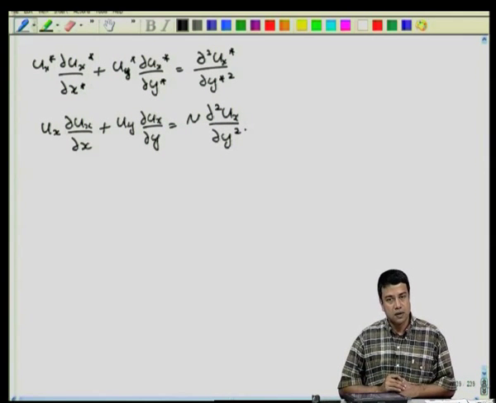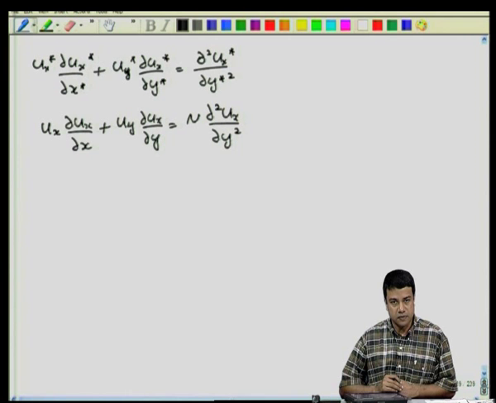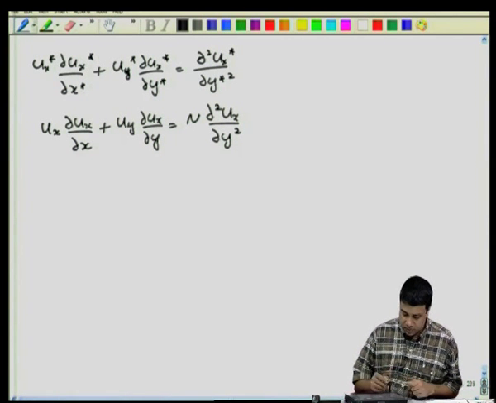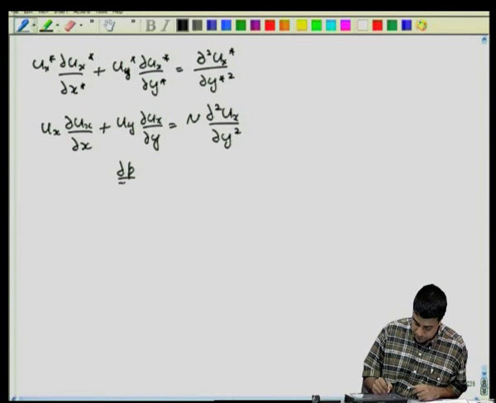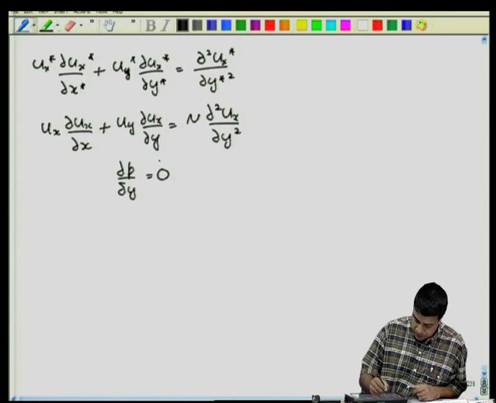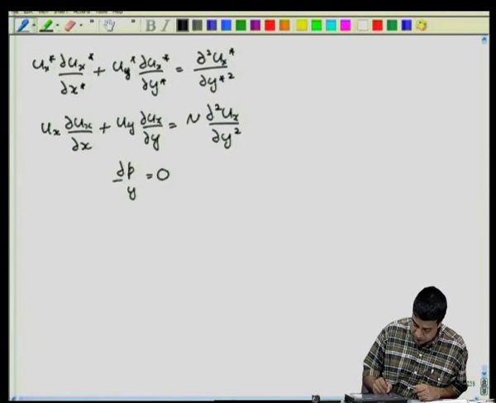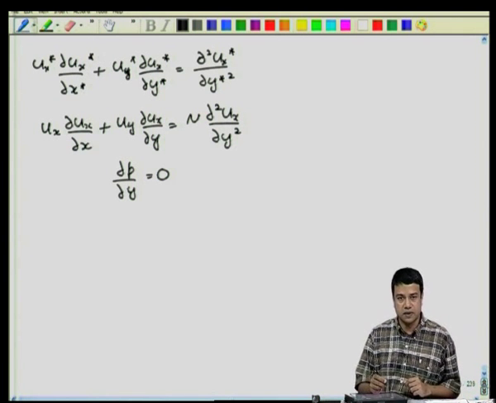The pressure gradient of course is equal to 0. Partial p by partial y is equal to 0, and because partial p by partial y is equal to 0, I was able to neglect the pressure gradient in the streamwise momentum conservation equation.